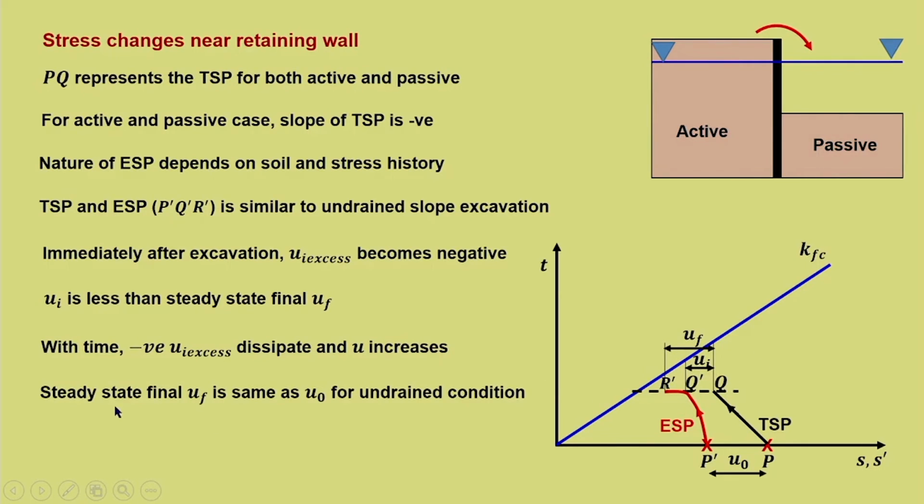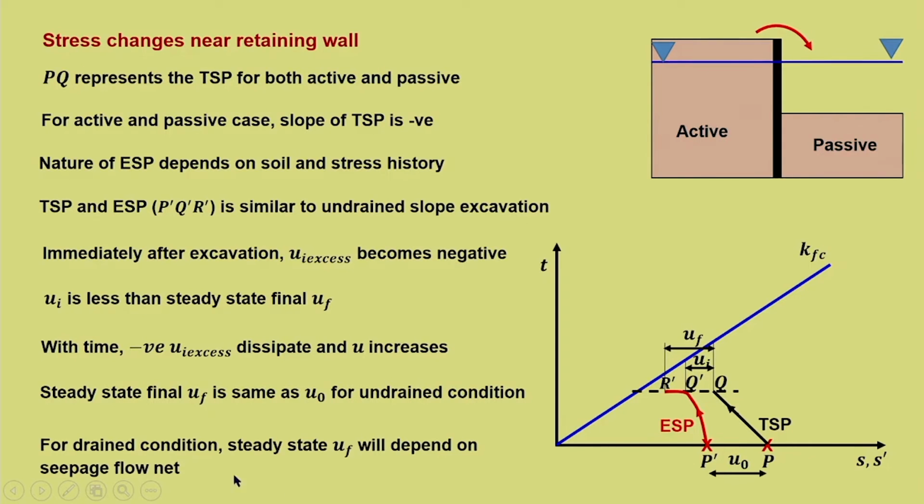So, let UF be the equilibrium final value, that is the steady state UF, and since we have assumed a condition of submergence, this will be equal to initial pore water pressure U naught. For drain condition, UF will be less than U naught, and that will depend upon the seepage flow net.